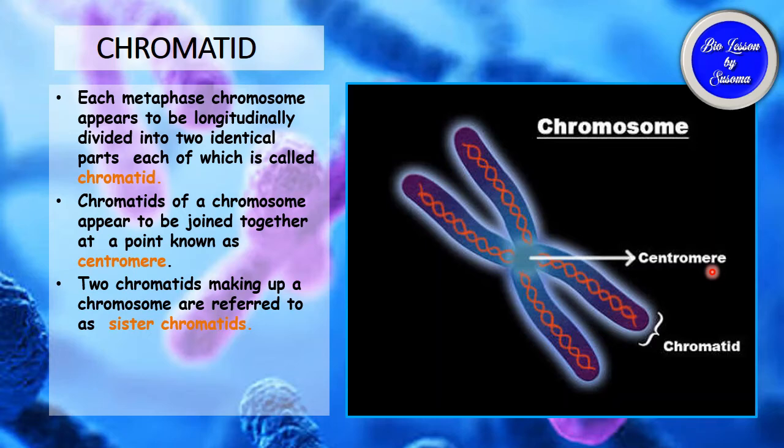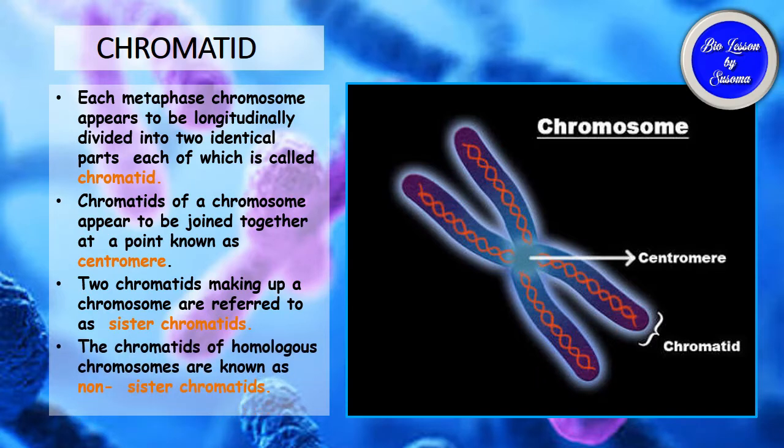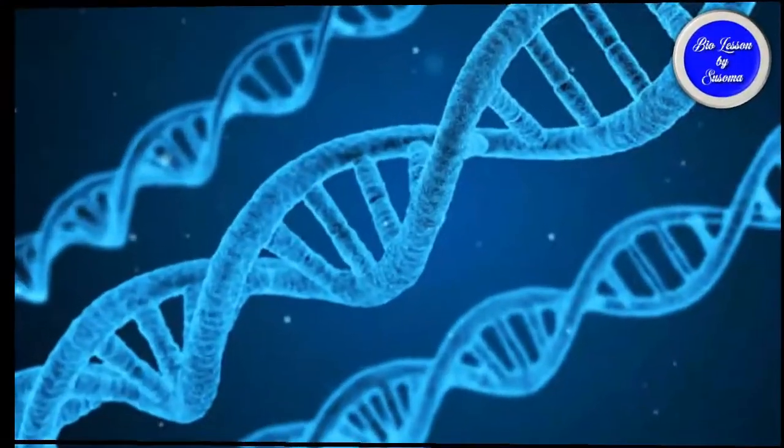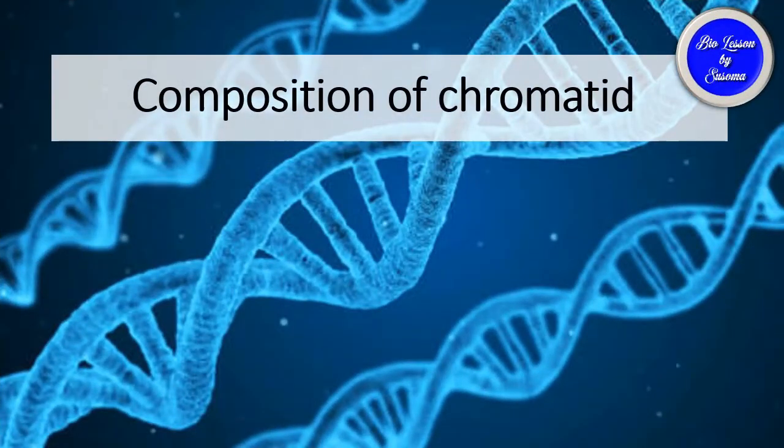The two chromatids which make up a chromosome are called the sister chromatids. So these two chromatids are the sister chromatids. And the chromatids of the homologous chromosomes are known as non-sister chromatids. Now what is the chromatid made up of?